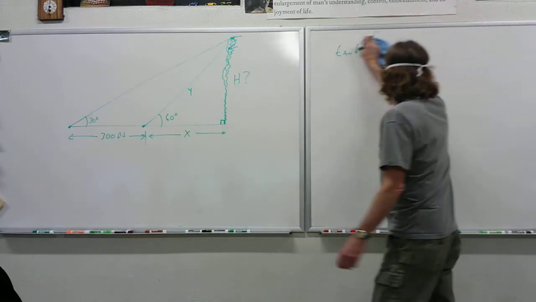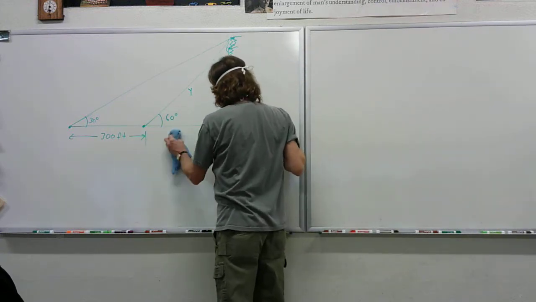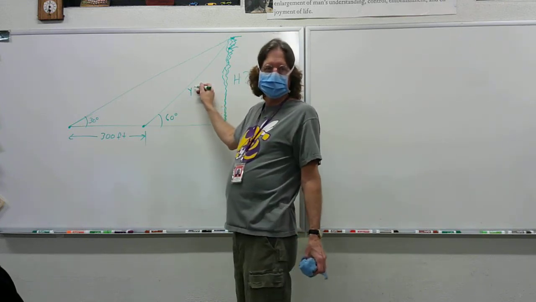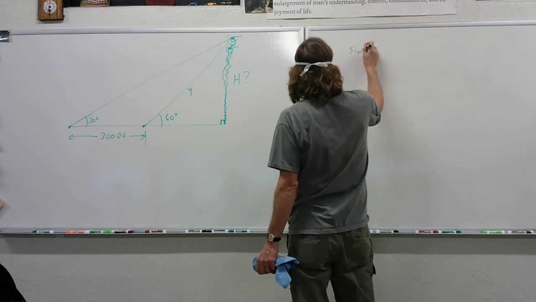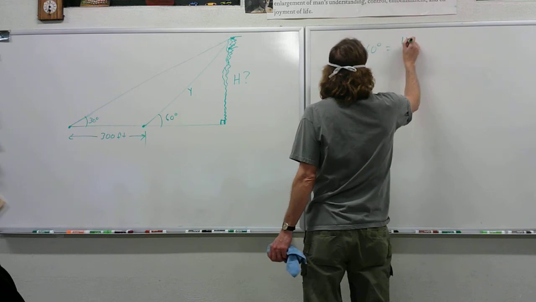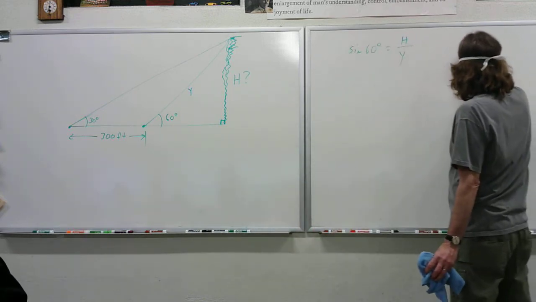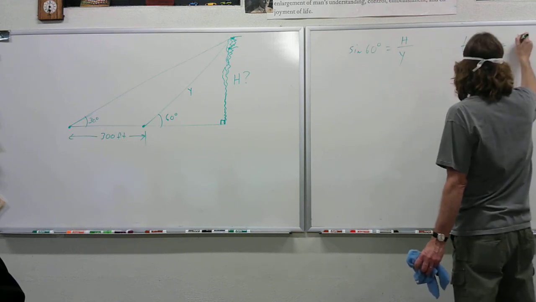Let's talk about this. Maybe if I don't do it that way. See that y right there? If I knew that y, then I could do what? Sine of 60 degrees is equal to what? H over y. It'll work if you do either one. Tangent 60 degrees equals h over x.